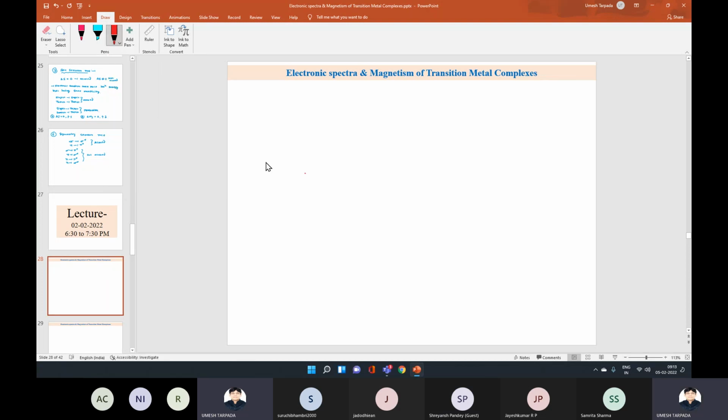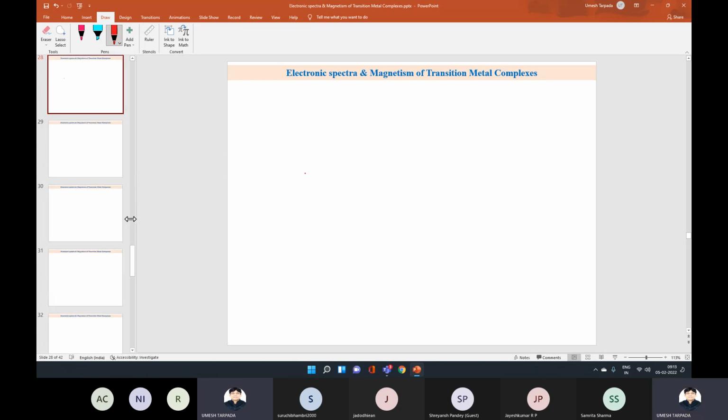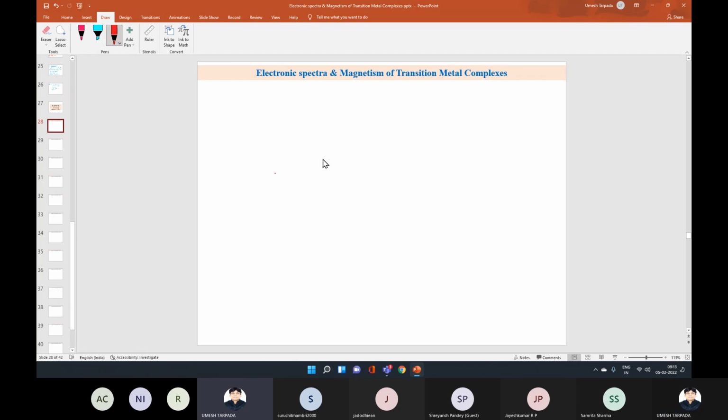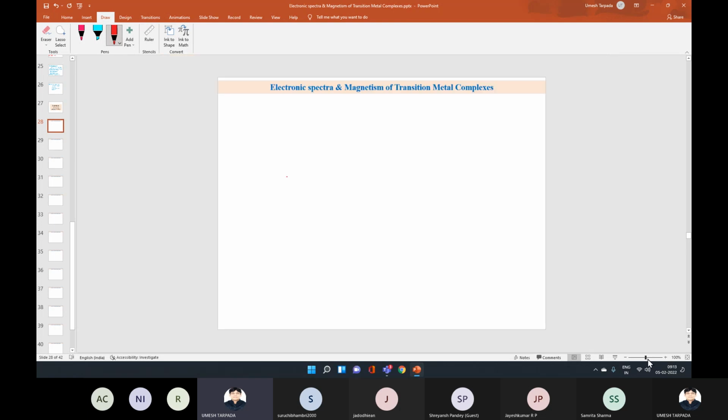So if you go for splitting, what happens? If you have an s orbital, splitting of orbital.